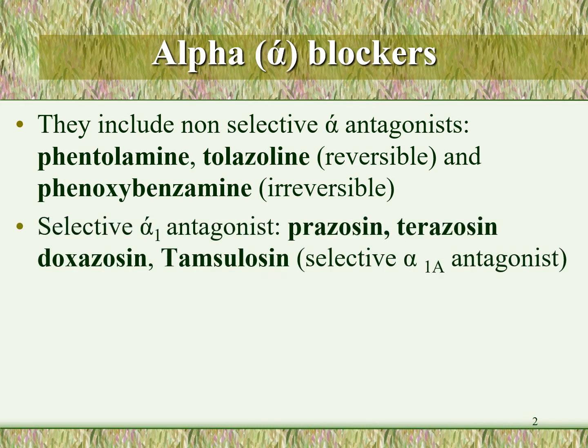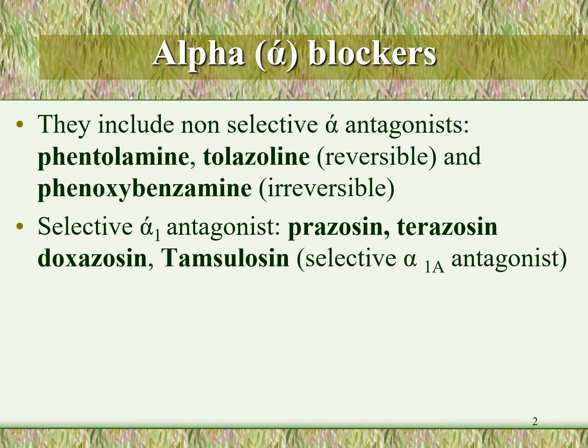Alpha blockers also include the selective alpha 1 antagonists, which include prazosin, terazosin, doxazosin, and tamsulosin. The last one, tamsulosin, is very selective for the alpha 1A subtype antagonist.